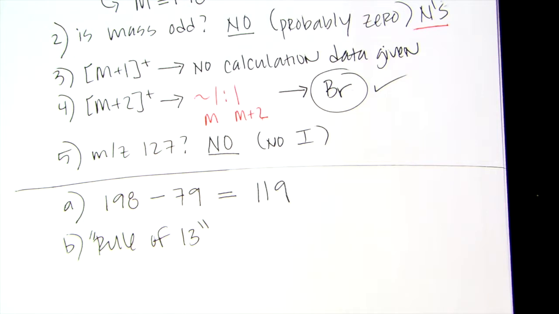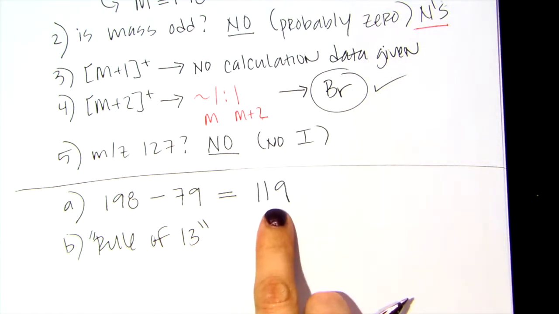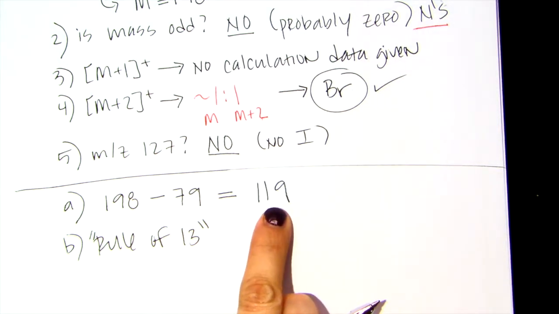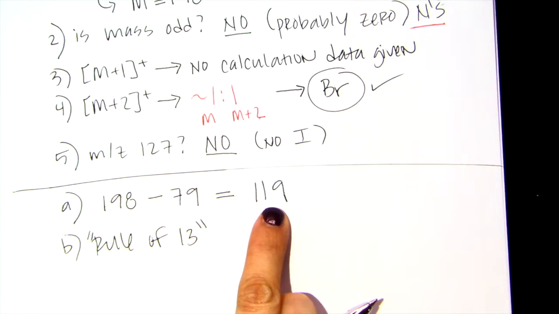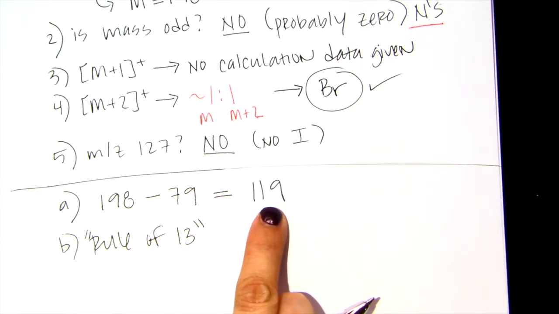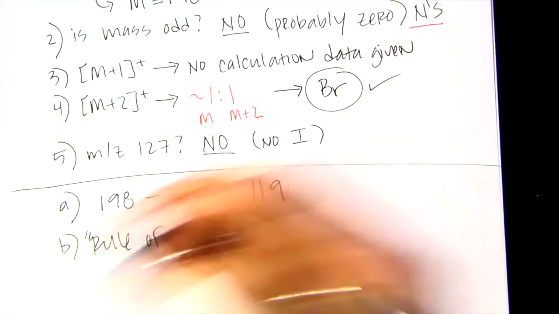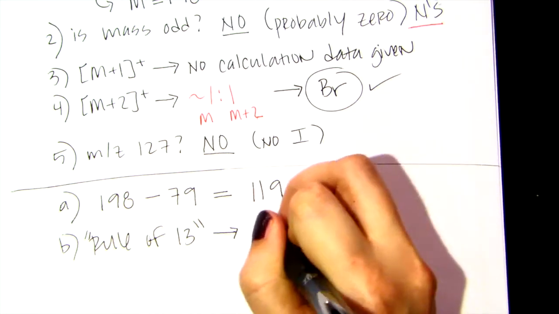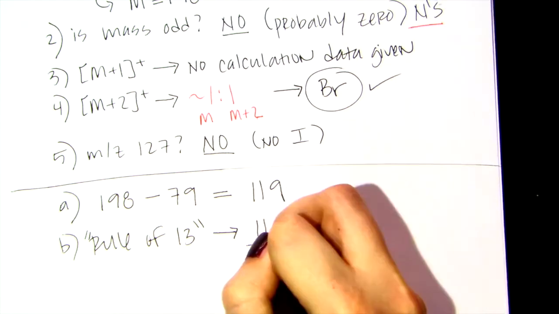And so what that means is you can just take your leftover mass and divide it by 13, and that'll usually round to the nearest whole number, roughly how many carbons you have. We're making the assumption that this leftover mass is just carbons and hydrogens, right? If there's something else in there, you'll see the mass wouldn't work out. And so what I'm going to do now is take 119 and divide it by 13.